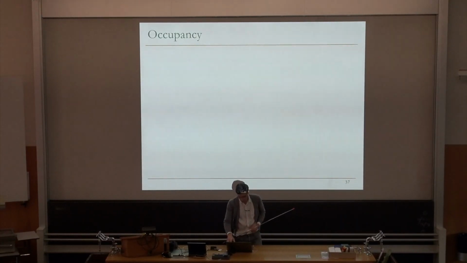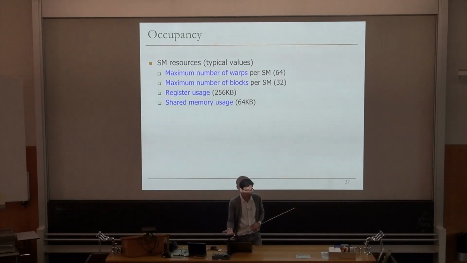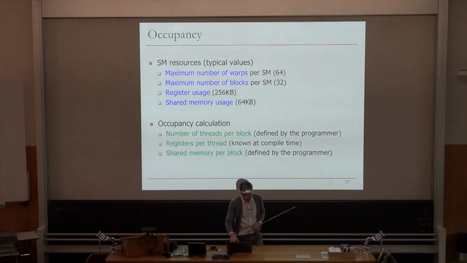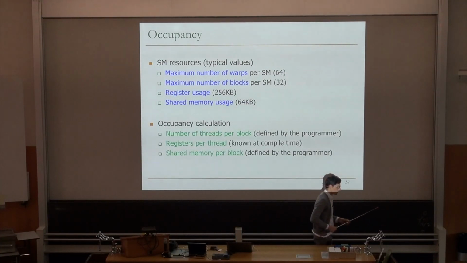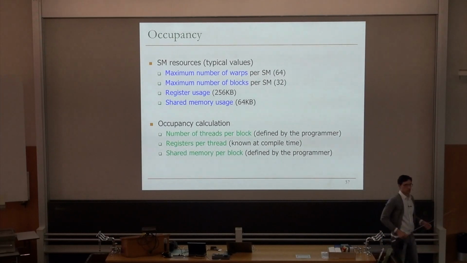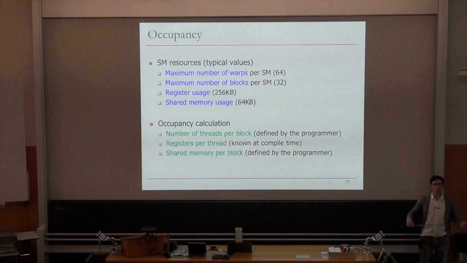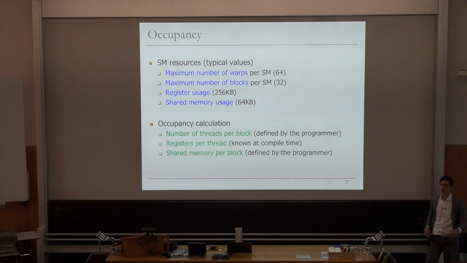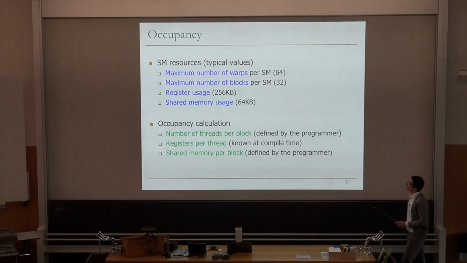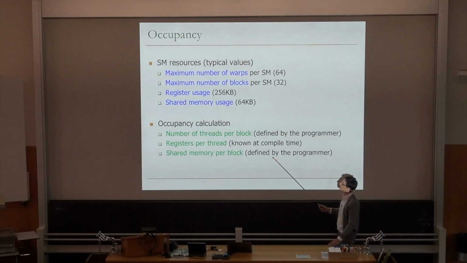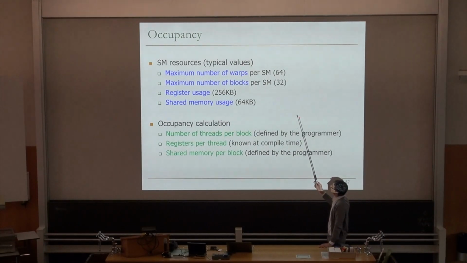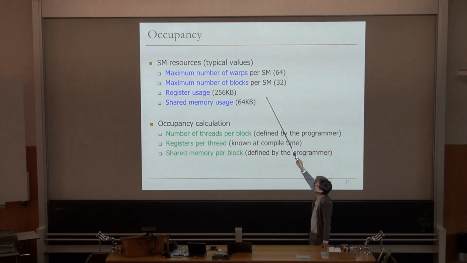until the long latency instruction finishes. The occupancy is determined by the amount of resources that we are going to use. First of all, I already mentioned that we will have a maximum number of warps that can be running on each of the GPU cores, and this number is determined by the number of program counters that we have there. But there are also other resources that might be exhausted.